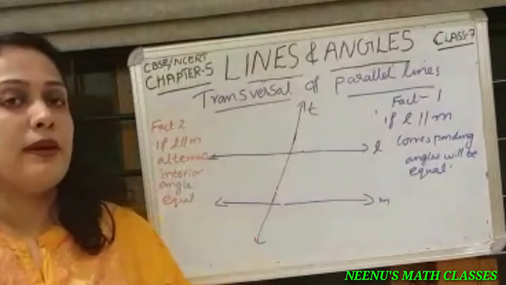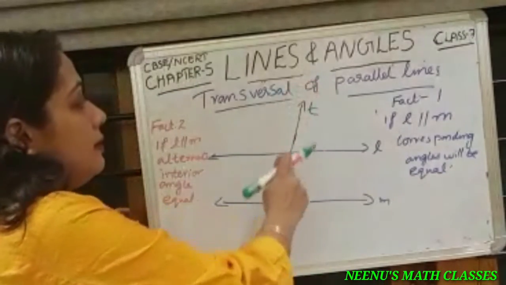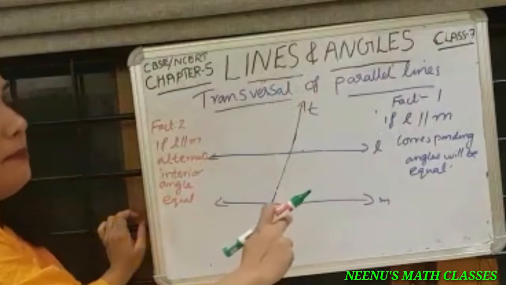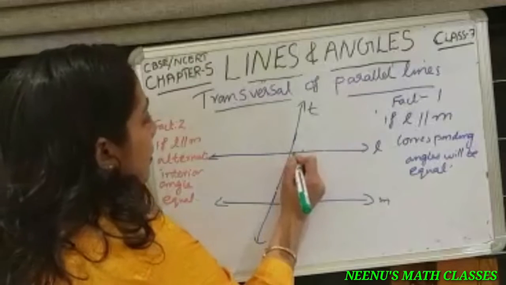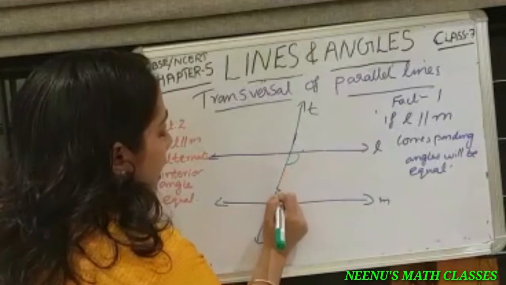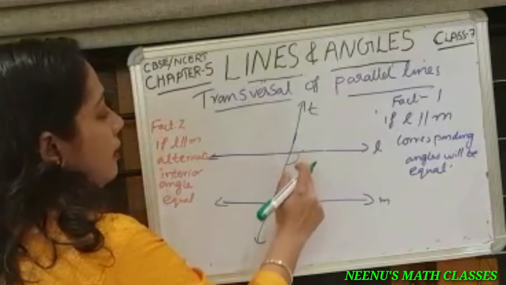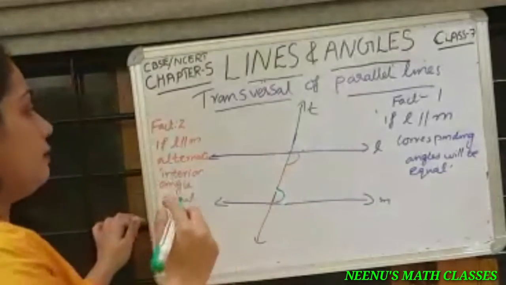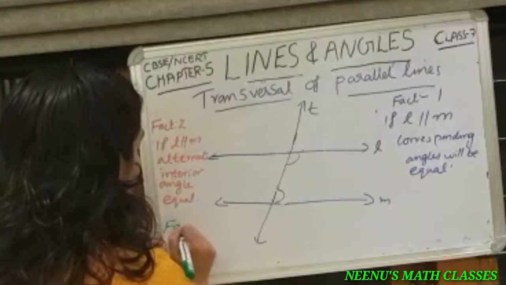What is the third property? If transversal T cuts the two parallel lines L and M, then the pair of interior angles on the same side of the transversal should be supplementary. That is fact number three.